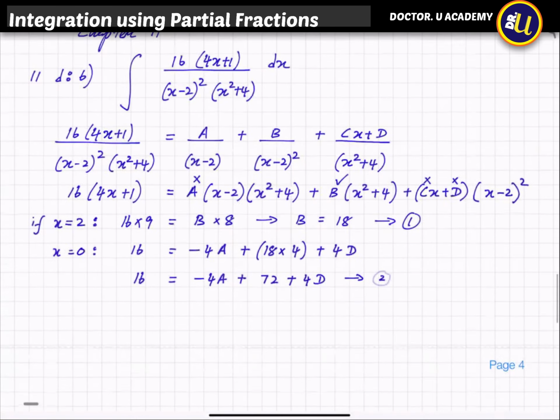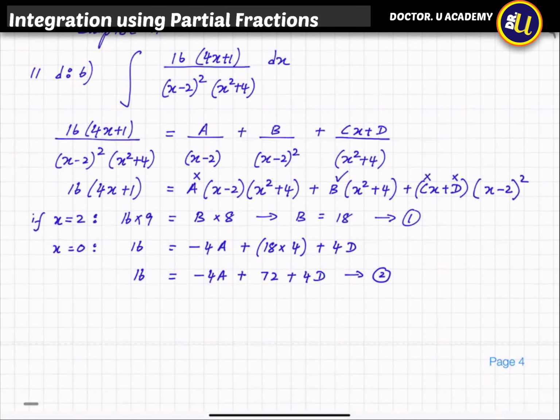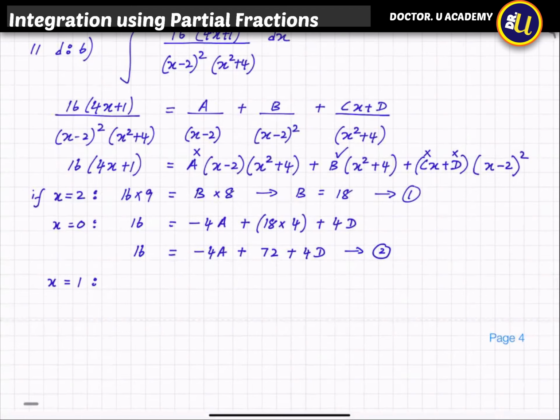Then I will take x is equal to 1. So then your left hand side would be 4 plus 5, so it's going to be 16 times 5.